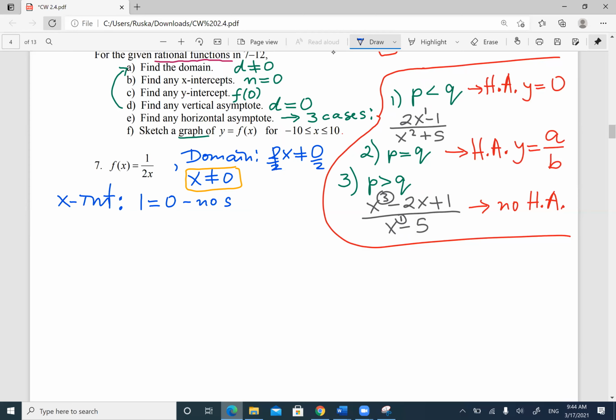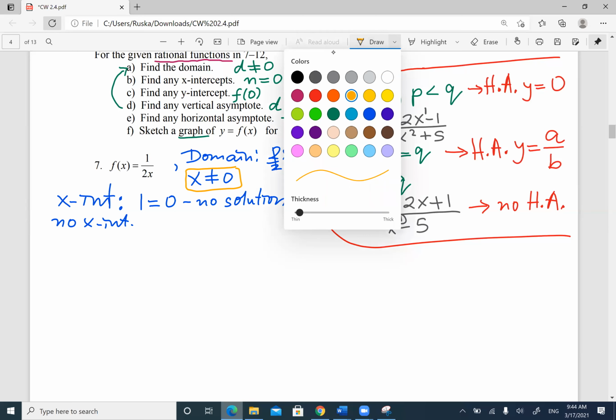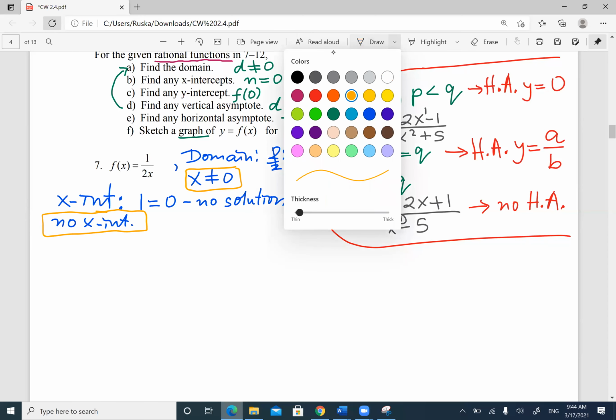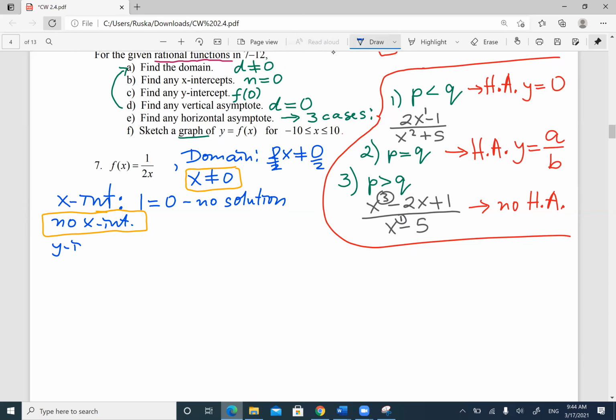So if this equation has no solution, there is no x, that means there are no X-intercepts, which is okay. Remember with the graph of a quadratic, there was also a case when you don't cross the x-axis, which is okay.